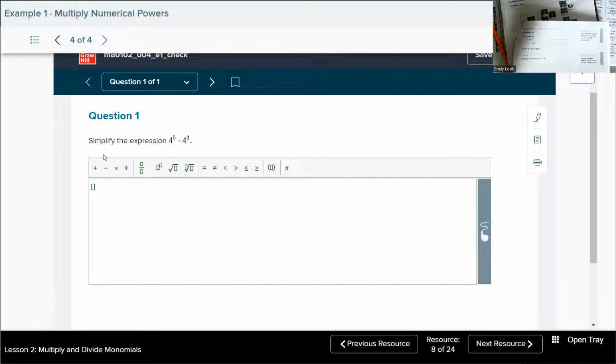You don't have to multiply it out. Just write how you would simplify it and write it as a power. 4 to what power? Perfect. So this should be 4 to what power? 8. 4 to the 8th. Excellent.